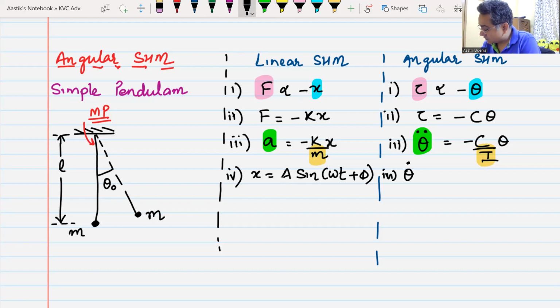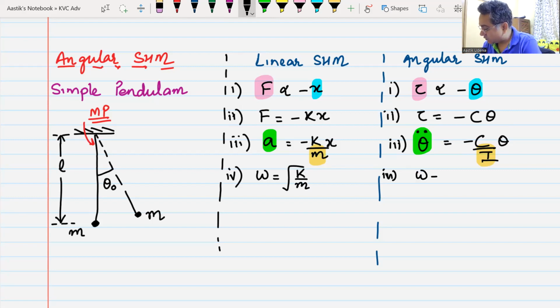Let me write the value of omega. Omega, the angular frequency of this, is given by root over k by m.